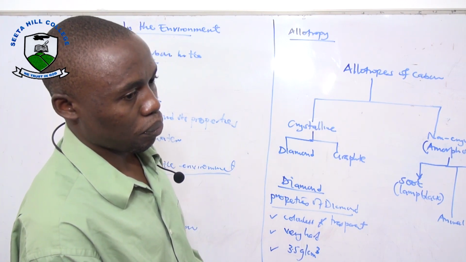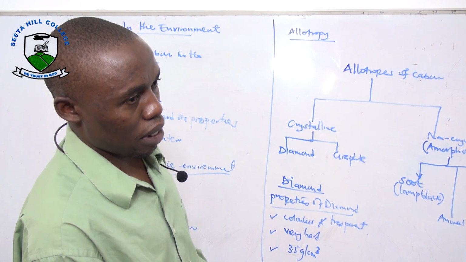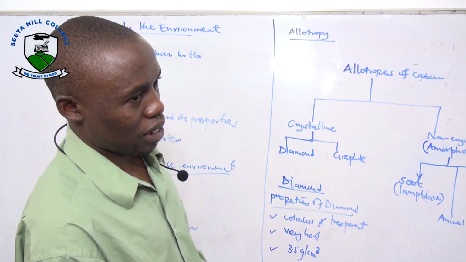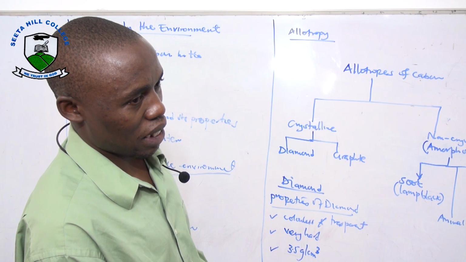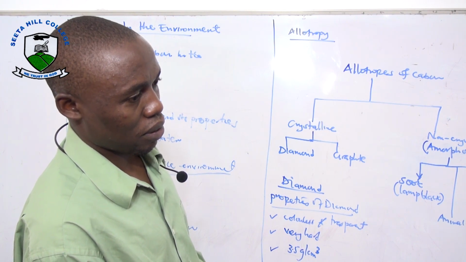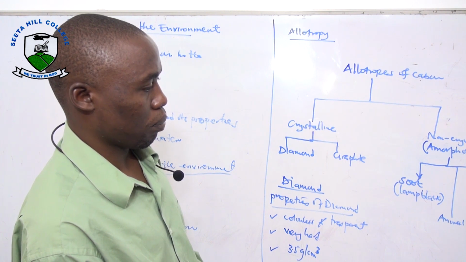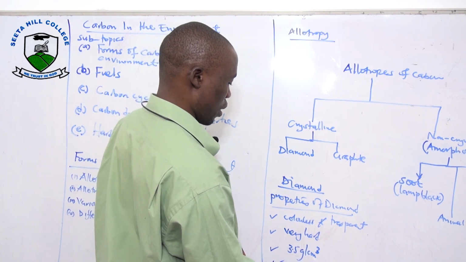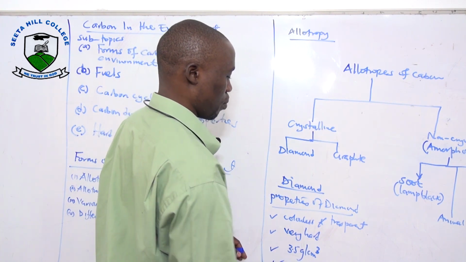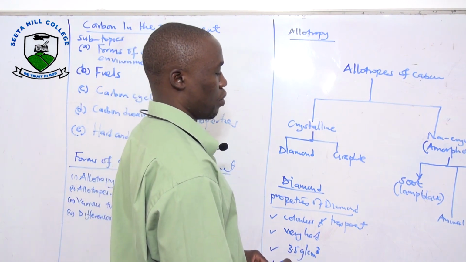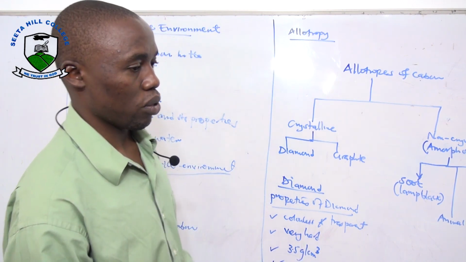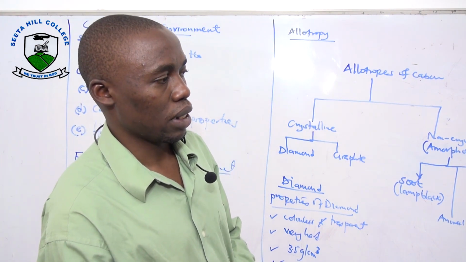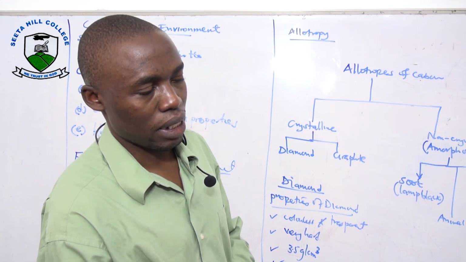We said it has a shape, so its shape is a tetrahedral shape. Do you know tetrahedral? A four-sided structure, like this. Now, diamond is a poor conductor of heat. That means it can't conduct electricity and heat.